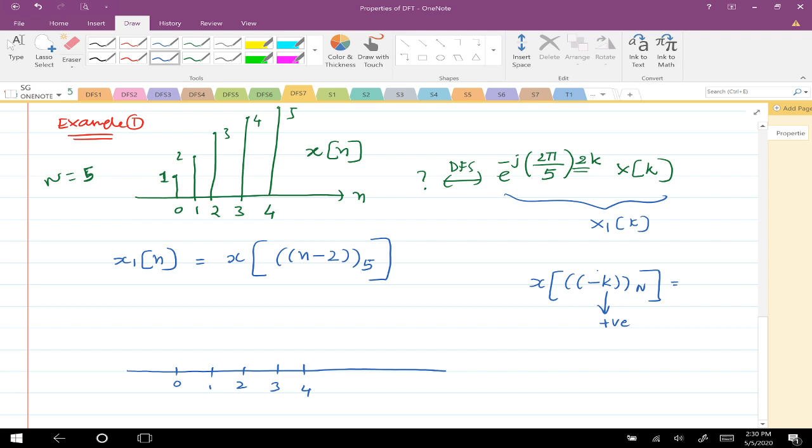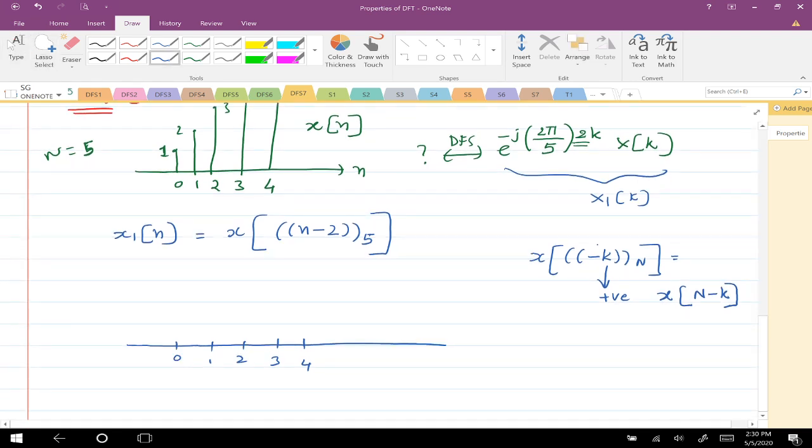That is in fact equivalent, in the circular shift, to n minus k. You could go back to the previous lectures and verify this, or from periodic signals also. With that, let me come back here.